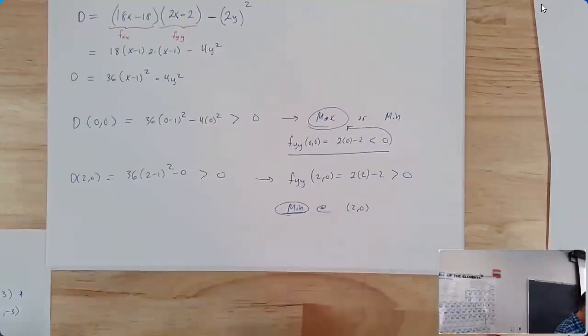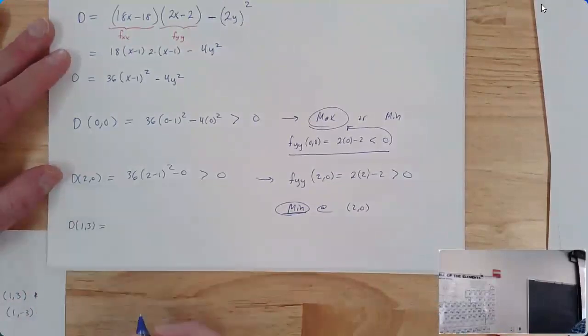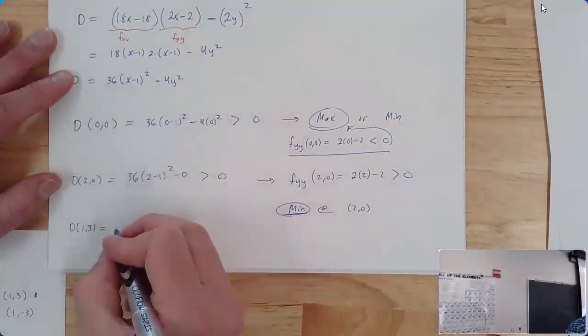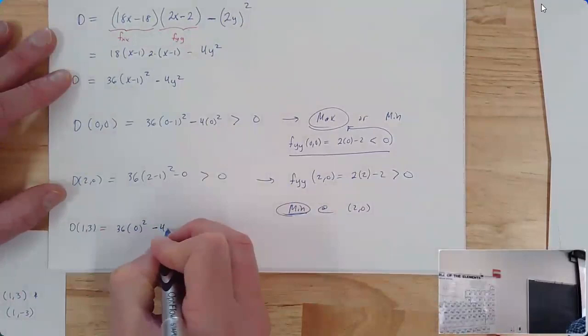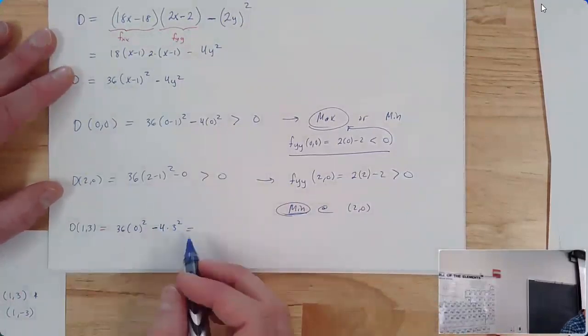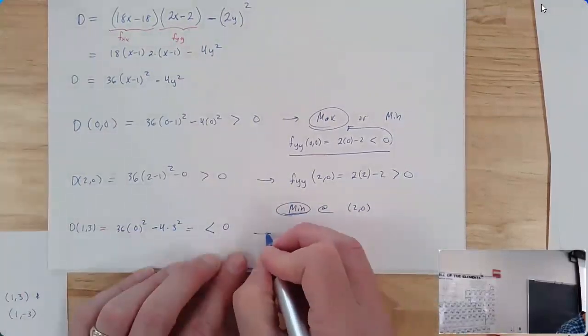Keep going. Then we plug in our other critical point, 1, 3: 1 for x, 3 for y. I'm going to get 36 times 0 squared minus 4 times 3 squared, which is going to be a negative number, negative 4 times 9, which means we have a saddle.